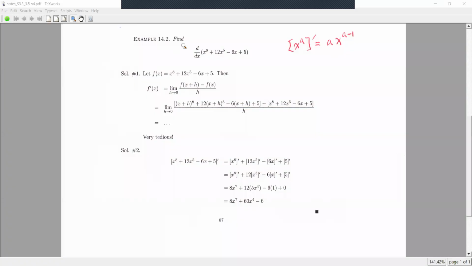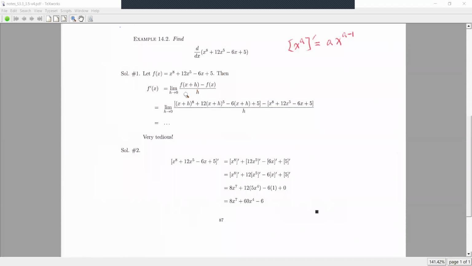Example 2, find the derivative of this polynomial. There are 2 solutions. In solution 1, I want to use the definition to compute this derivative. The definition says that the derivative is a limit.